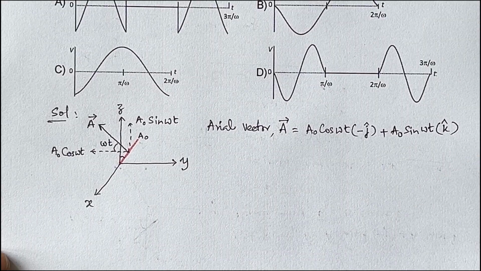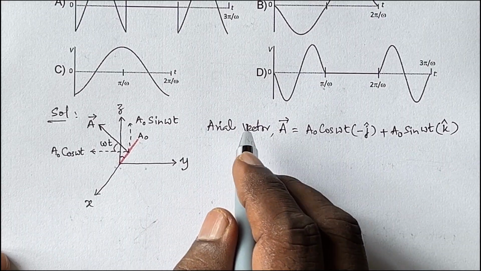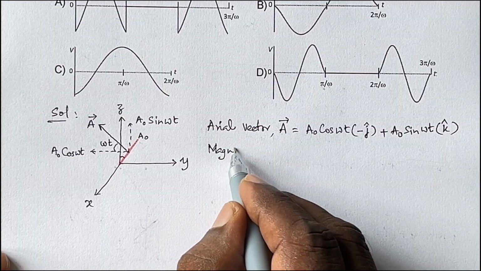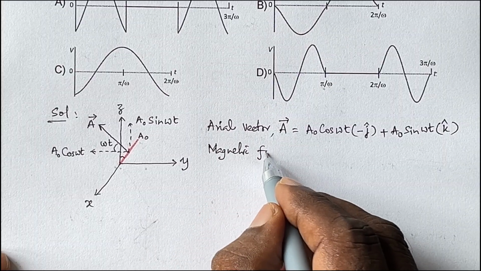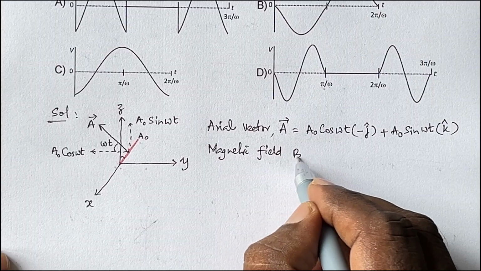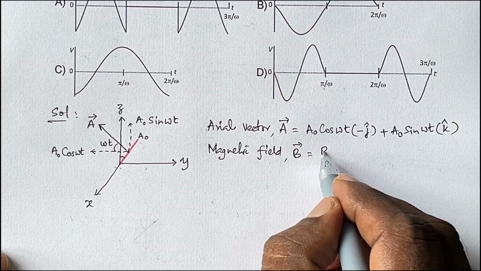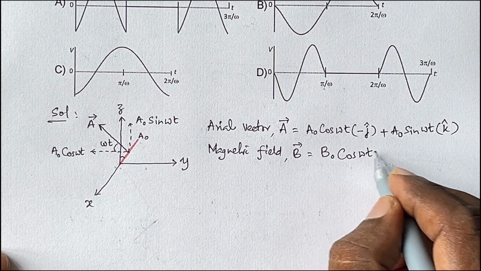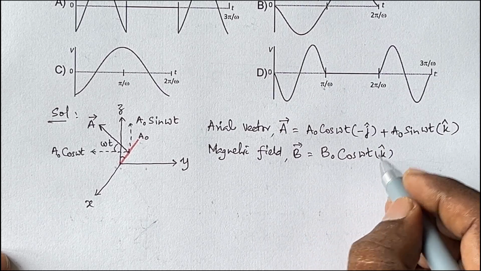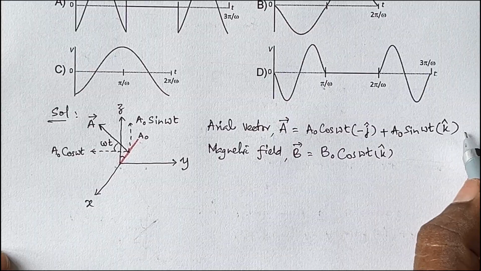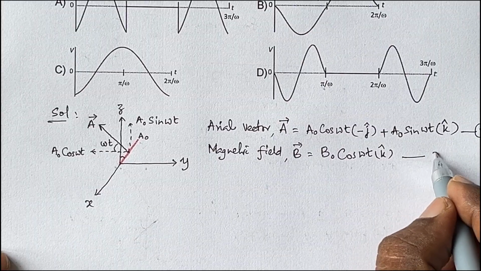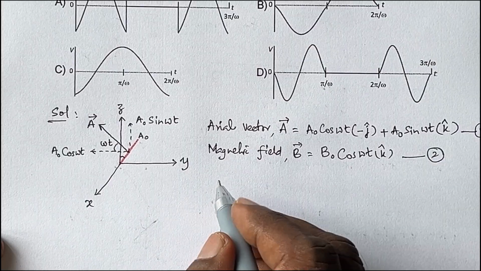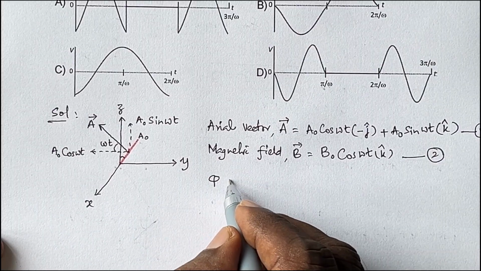This is the area vector, equation 2. And the magnetic field is also given: B bar is equal to B naught cos omega t k cap. This is given, so this is equation 1.